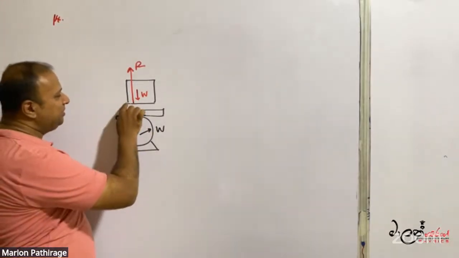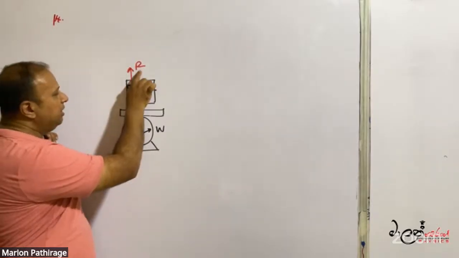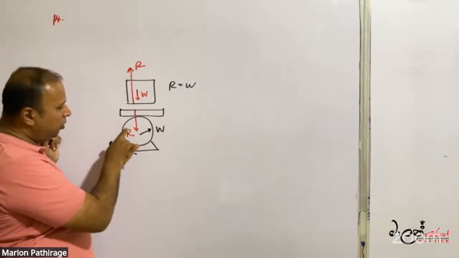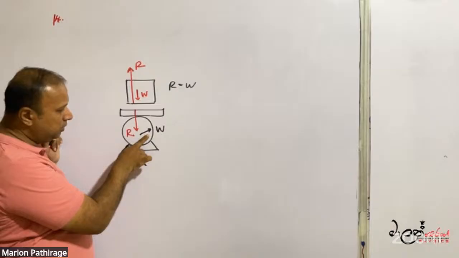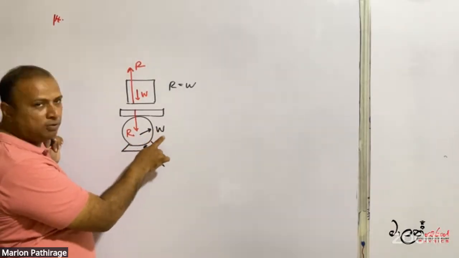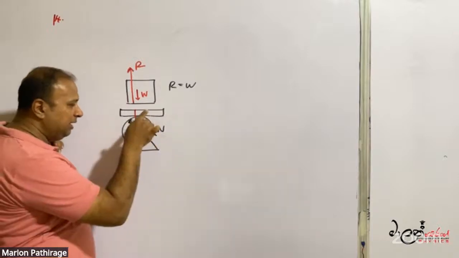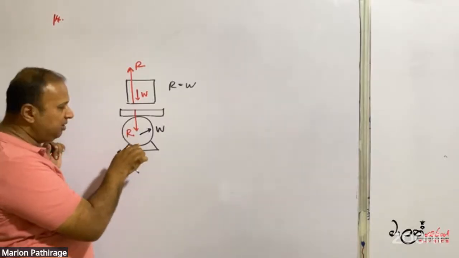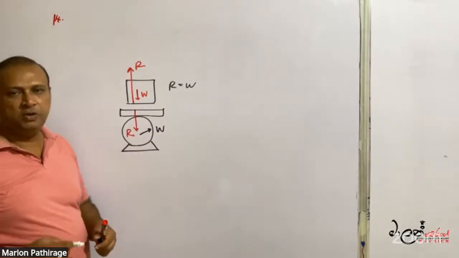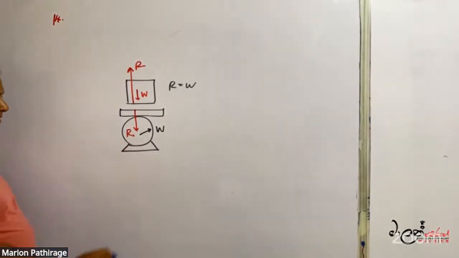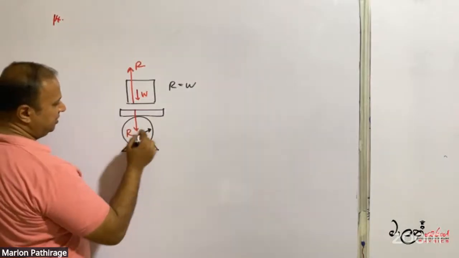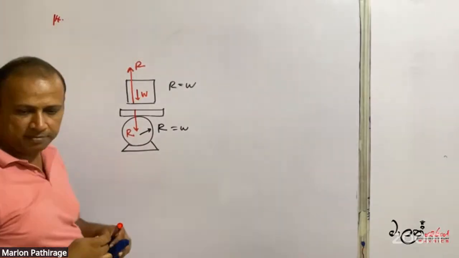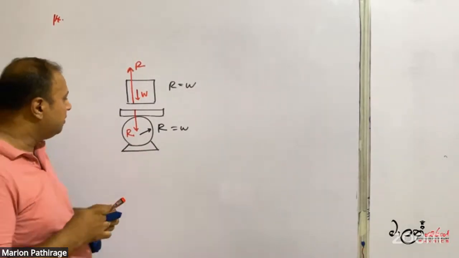According to the equilibrium of this object, definitely R should be equal to W. Therefore, you can observe the reading of this balance is W. Actually, this reading is due to this push, therefore this reading is R, and R is equal to W. Therefore, this is called apparent weight.